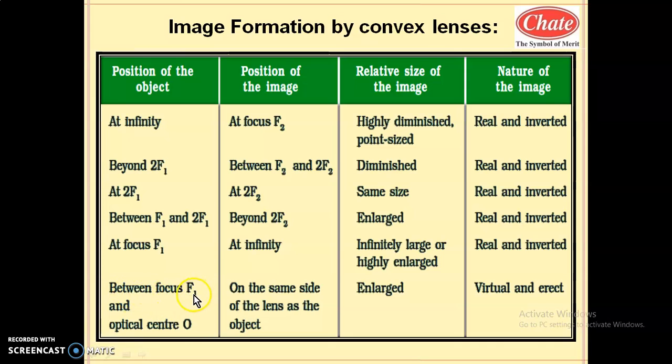If the object is in between F1 and O, the image position will be on the same side of the lens as the object, means on the object side itself, we are getting the image. It will be enlarged. It is virtual and erect. So image will be straight upward. So this is the 6th condition of the convex lens of position of image.